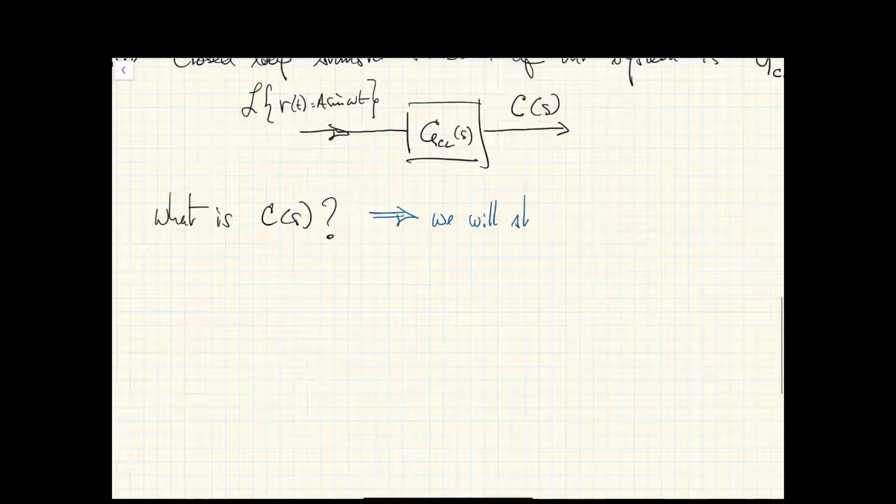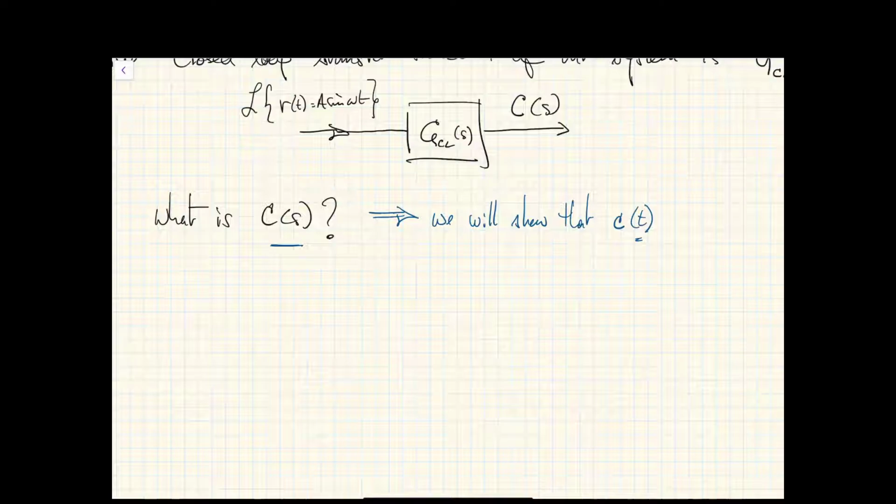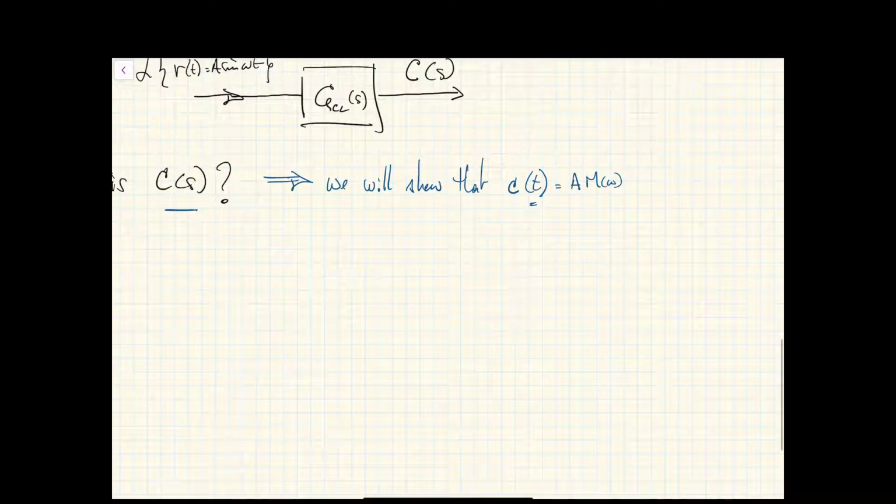The remainder of this lecture is going to show that the response of the system back in the time domain, in other words the inverse Laplace transform of C of S, is also a sinusoidal function, with a magnitude that amplifies the input magnitude by an amount M, which is itself a function of omega.